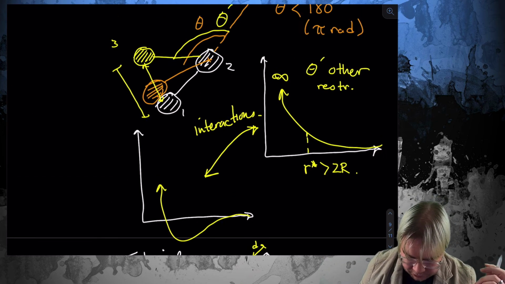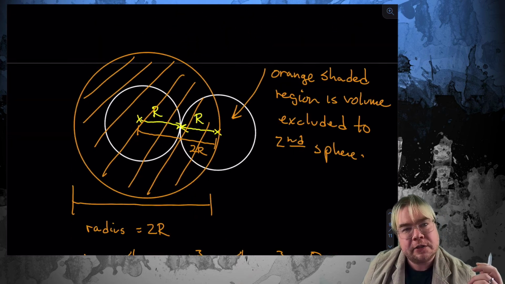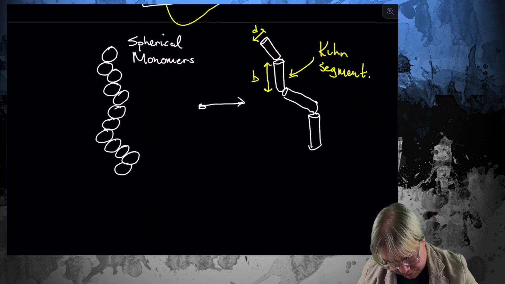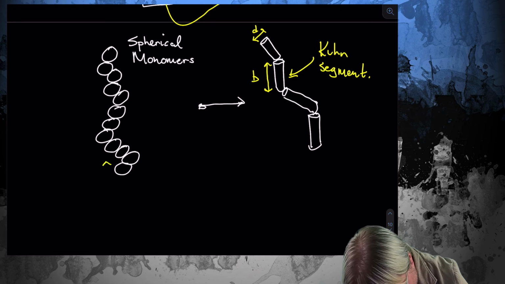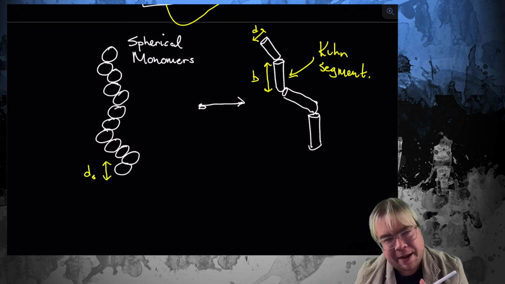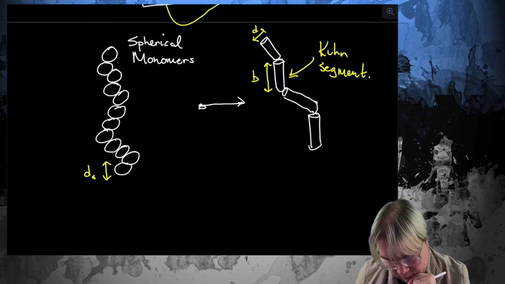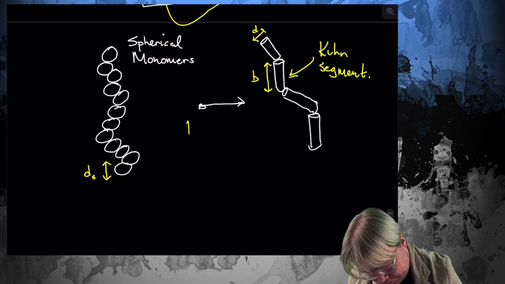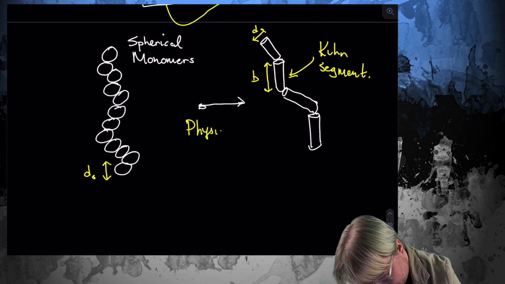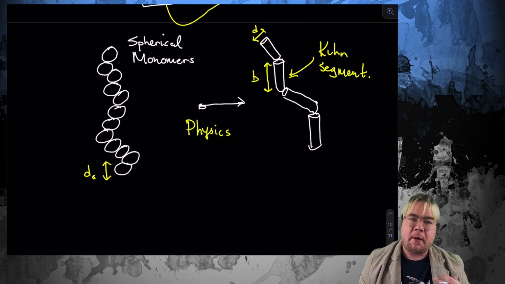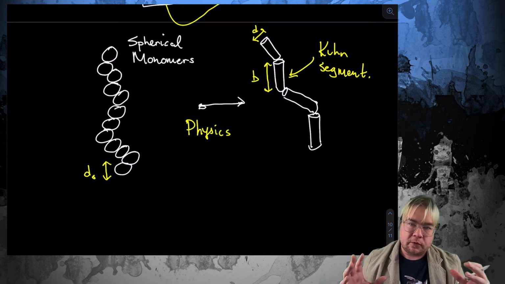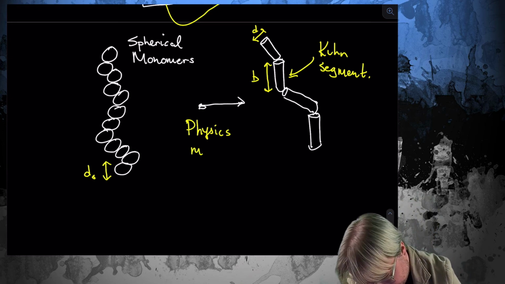But if I want to talk about excluded volume and all of these terms that I've done so far, I have to assume that these monomers here are spherical with a diameter ds. Okay? But no matter how I describe this, whether I talk about this polymer chain in terms of cylindrical monomers or spherical monomers, the physics must be the same.